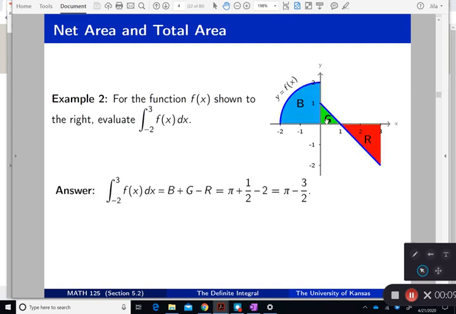See, b plus g minus r is the net area. So if I'm calculating the integral from -2 to 3, b is pi, g is 1 times 1 divided by 2, and minus r is 2 times 2 divided by 2. And so that would be -2.